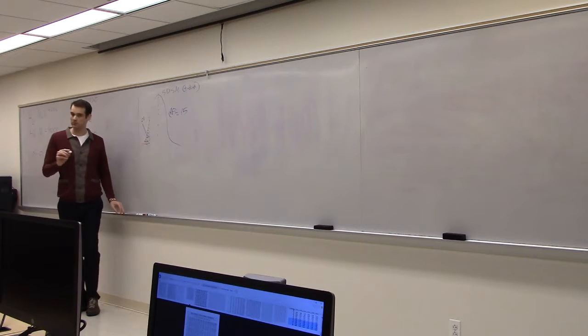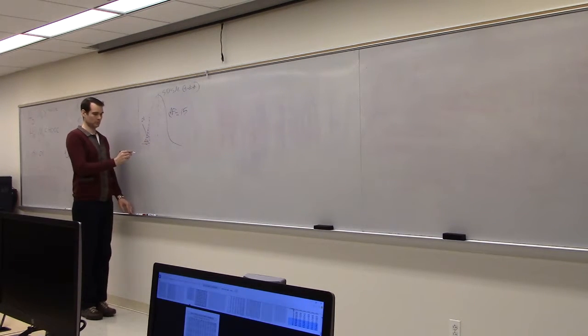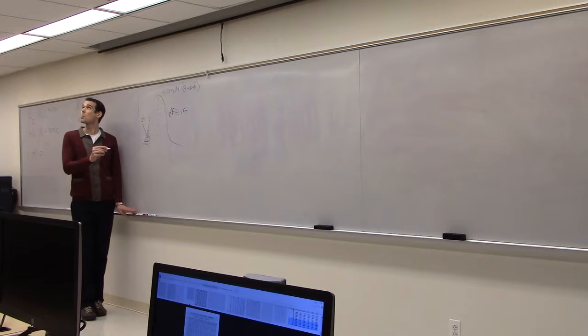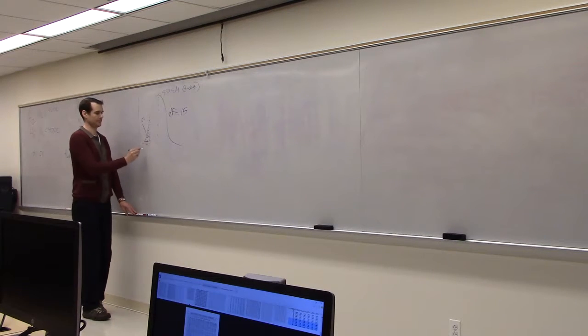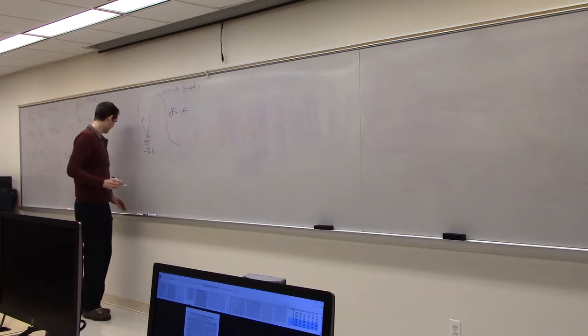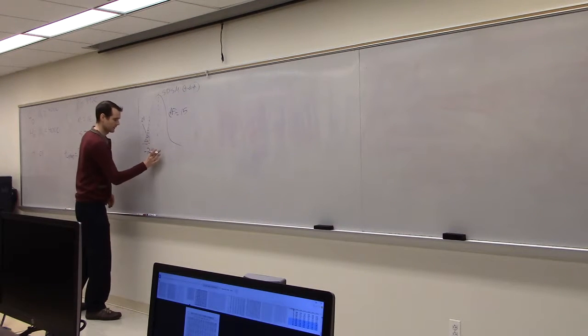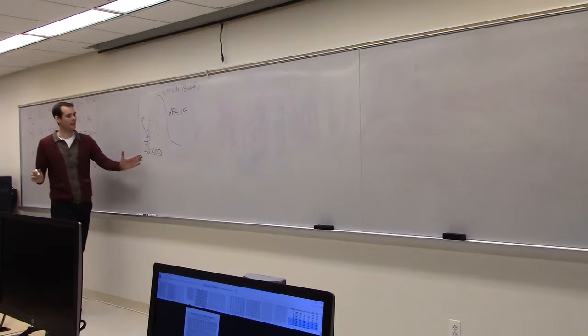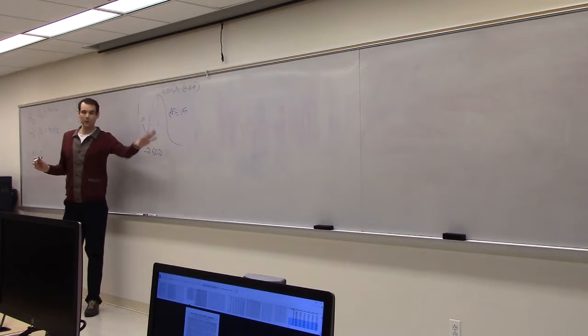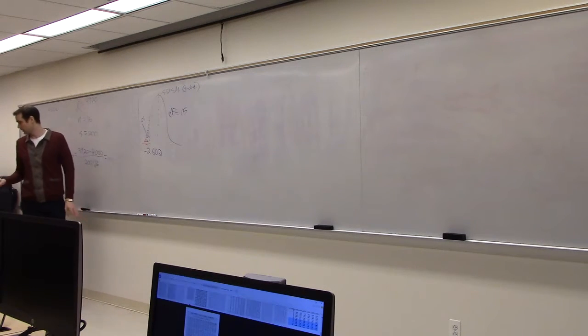That is negative 2.602. So if we get anything less than negative 2.602, then we are going to reject. Anything greater than that, we're all good.